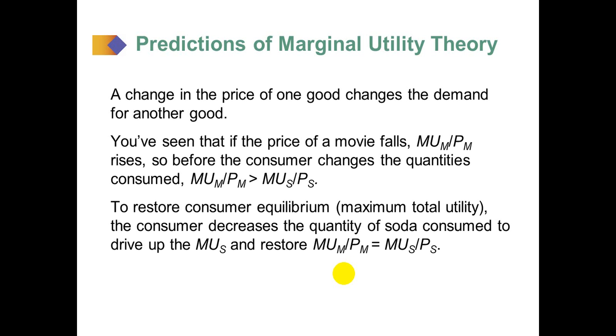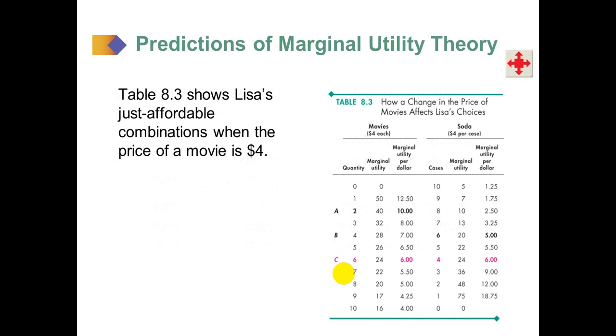That is the condition of equilibrium. To restore consumer equilibrium, which is the maximization of total utility, the consumer decreases the quantity of soda consumed to drive up the marginal utility for soda and restore marginal utility for M divided by PM equal to marginal utility for soda divided by PS.